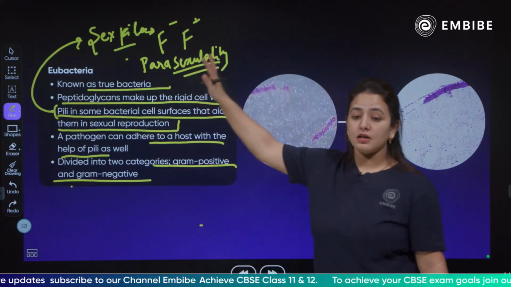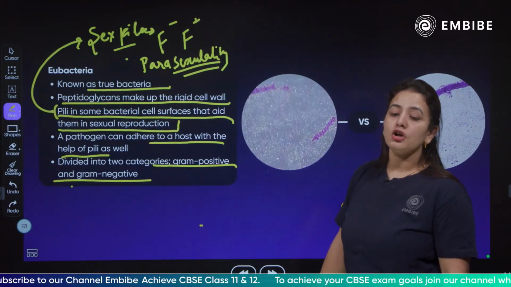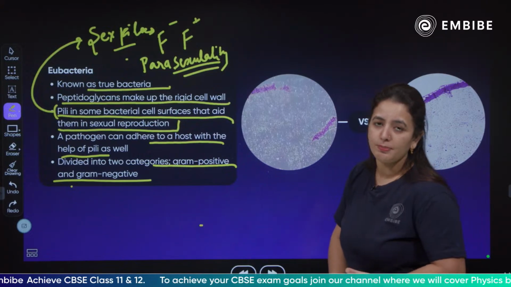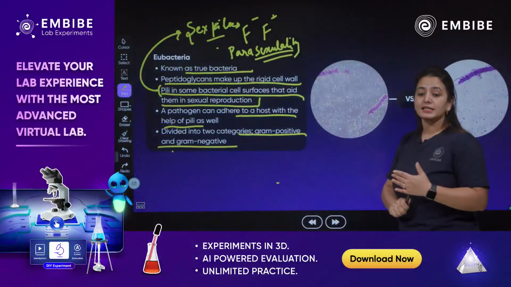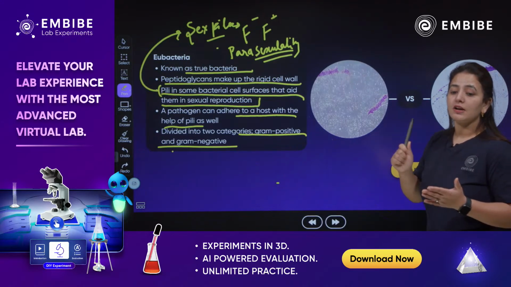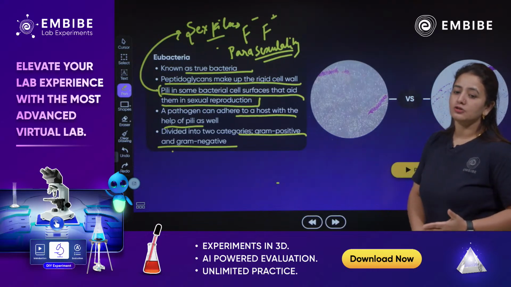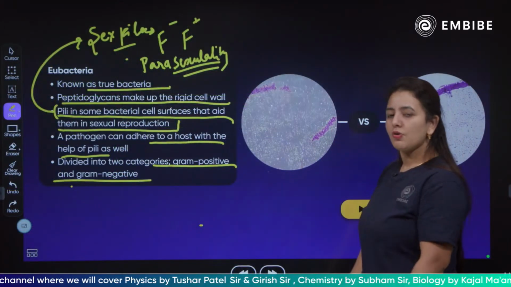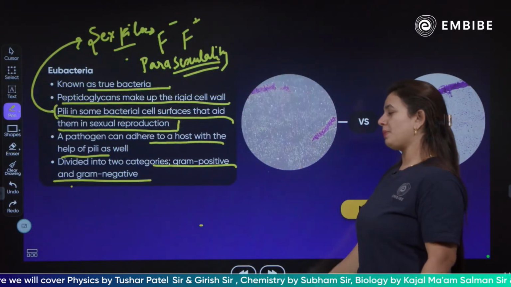So, the typical characteristics of Eubacteria are that they are true bacteria, the cell wall is of peptidoglycan, they show parasexuality, they have pili on their surfaces, and they are also known as gram positive and gram negative bacteria. These are a few features of Eubacteria, and that is why it is known as true bacteria.